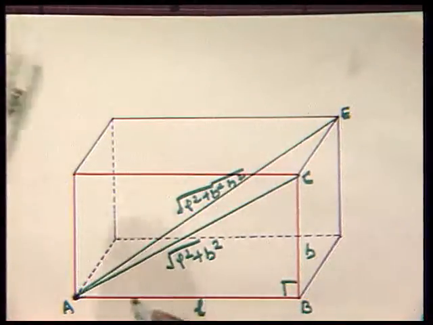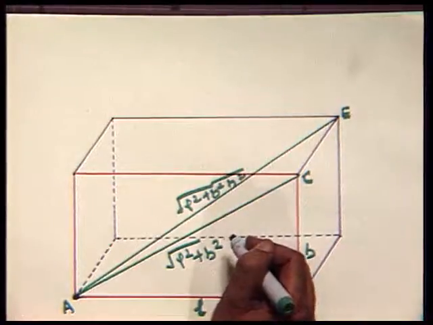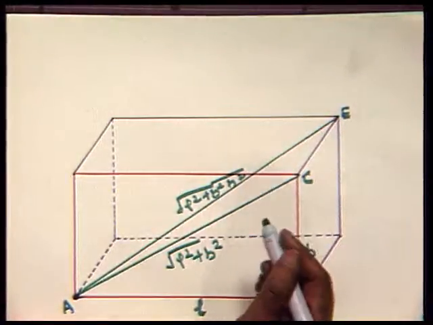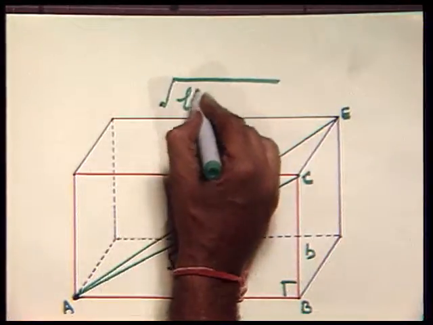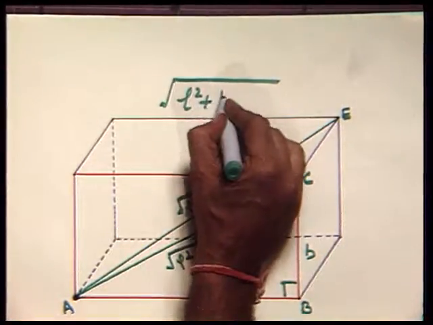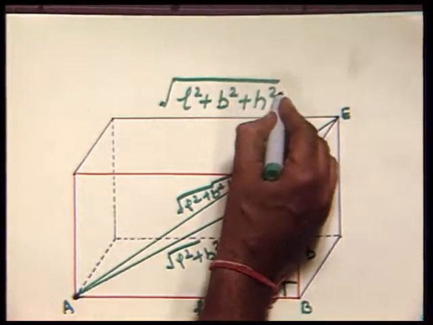That is the length of the longest rod that can be put in a room of length L, breadth B and height H, given by under root L square plus B square plus H square.